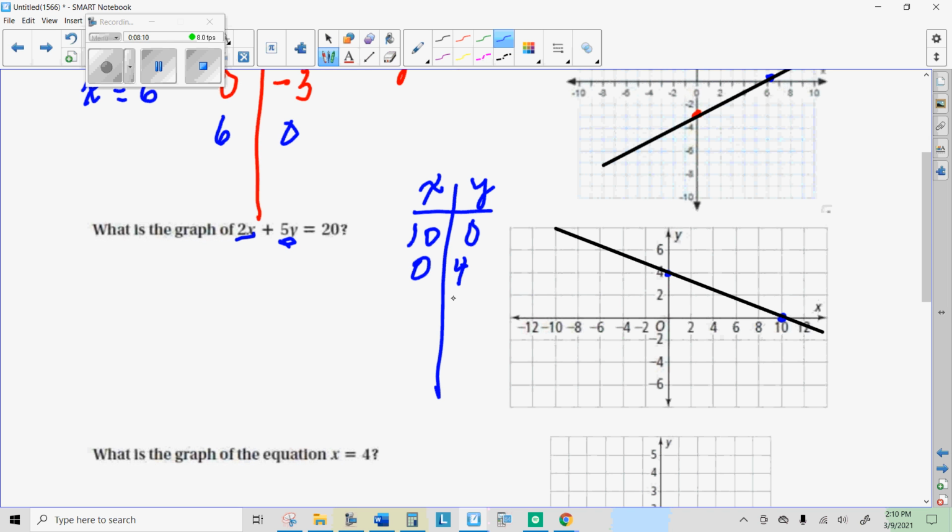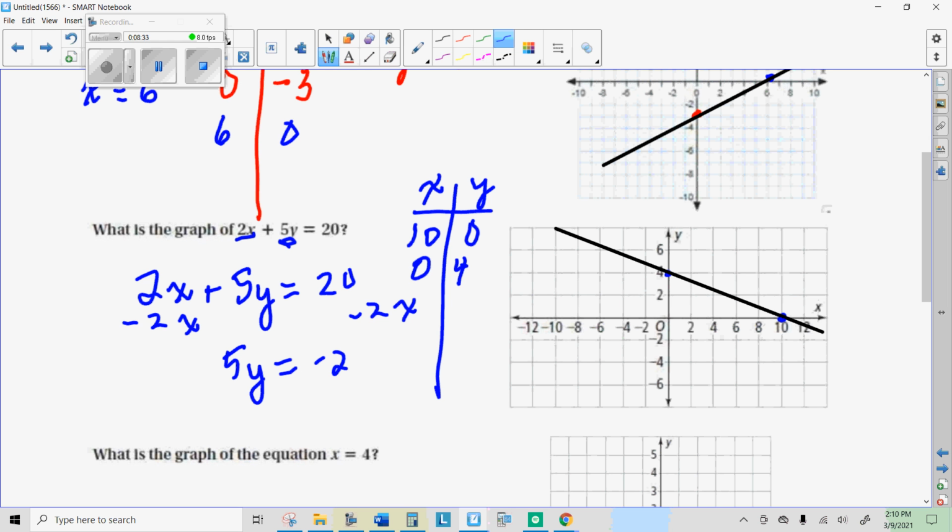Okay. Now here's another way you can do it if you're really good at changing it into slope-intercept form, and you like graphing that way, then go ahead and do that. Here's how you would do that. Just subtract 2x from both sides. Those aren't like terms, so you just have to write the expression.